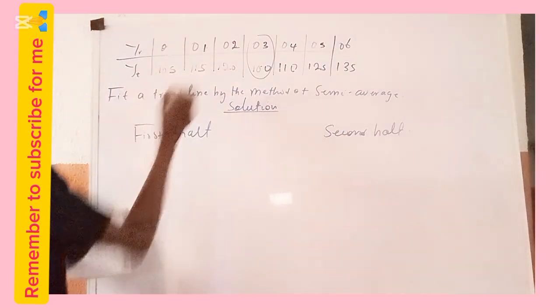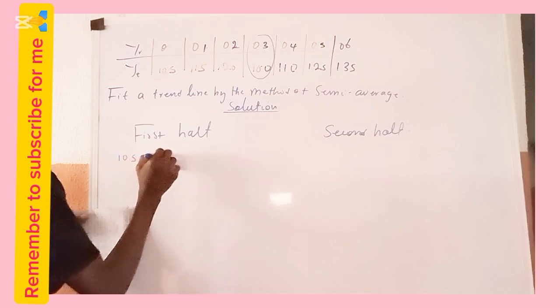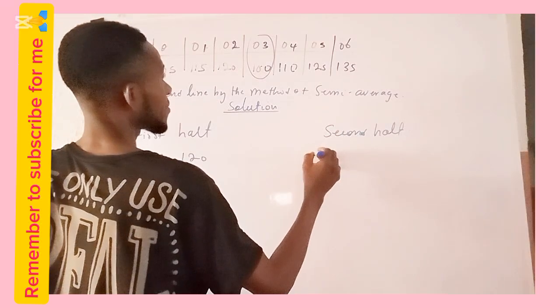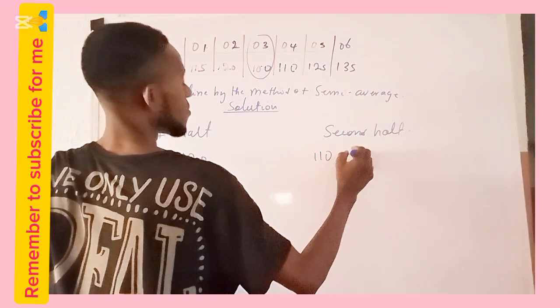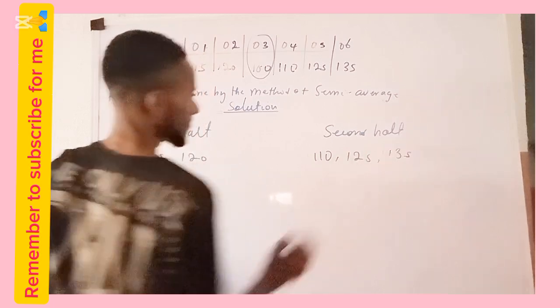The observations I have in my first half are 105, 115, 120. The observations I have in the second half are 110, 125, and then 135.